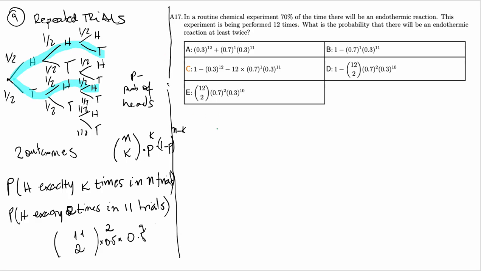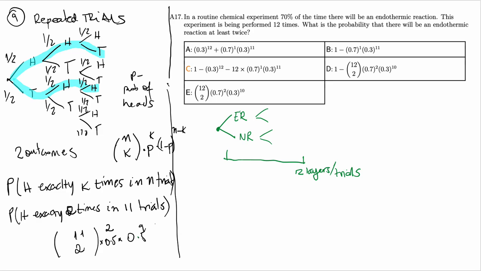Okay, so in theory, if I'm repeating the experiment, I have the endothermic reaction, or I don't have a reaction, and so on. And I keep repeating this for 12 trials. Okay. So if I were to ask you what's the probability of an endothermic reaction happening twice, you would directly apply the formula, right?